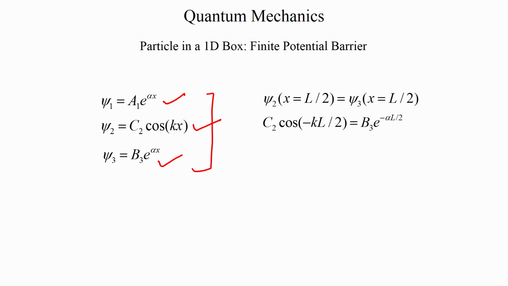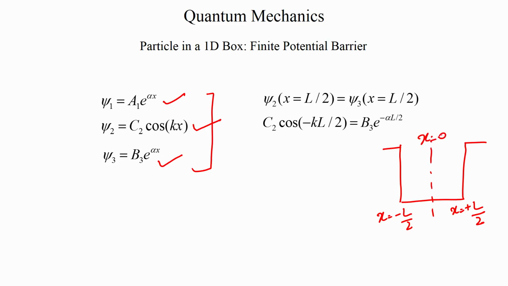Firstly, how do we identify all these terms? The first thing we do is say the wave function is continuous. You have the box here: this was x equal to minus L by 2, that was x equal to plus L by 2, and that is x equal to 0.